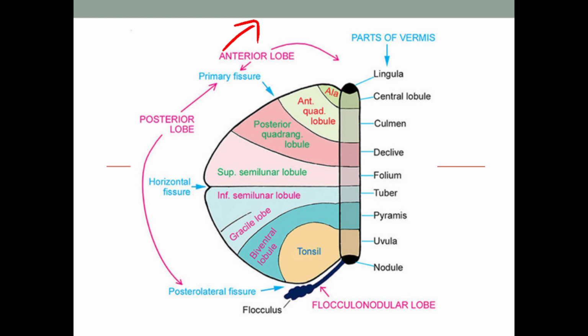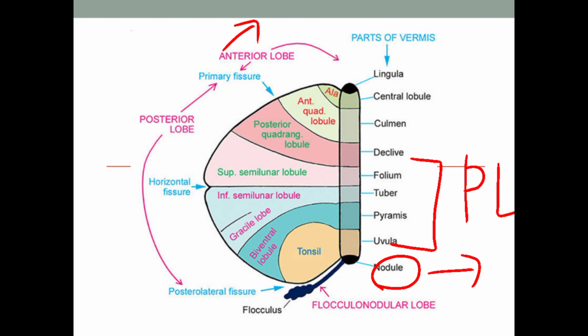You can see this all comes from here till here, it all comes under the lobe called the posterior lobe. The last one, the flocculonodular lobe, consists of the nodule. You see the nodule comes in the flocculonodular lobe. So this is how the division is done: anterior lobe, these three; posterior lobe, these; and this is the last lobe called the flocculonodular lobe.